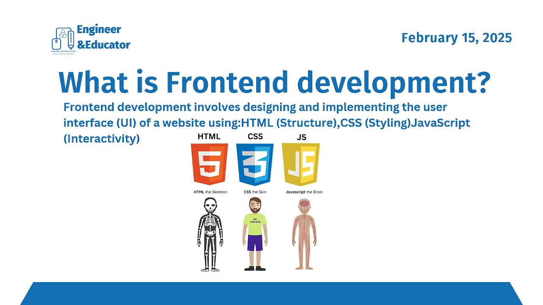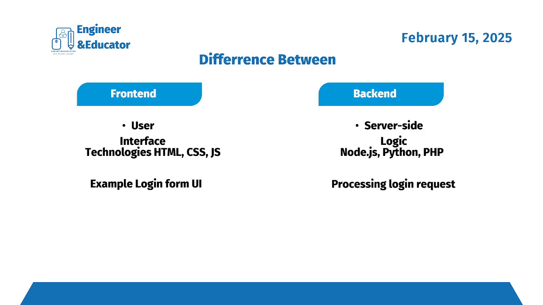Okay. Now next, we're moving to what is the difference between a front end and a back end. I have already told you that front end is regarding the user interface. The technologies that we use are HTML, CSS, and JS. And back end is all about the server side logic.